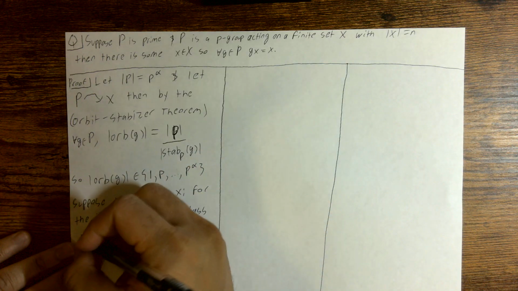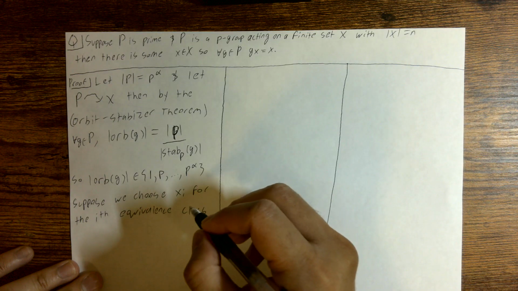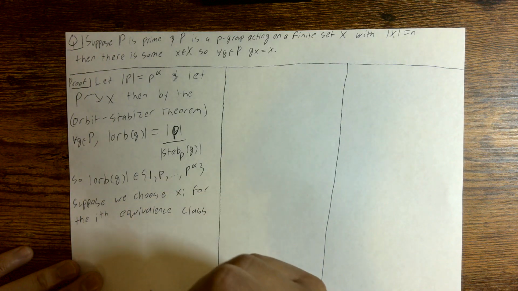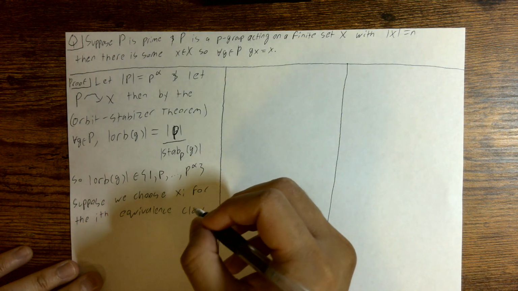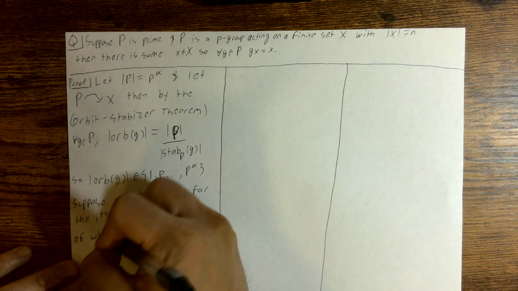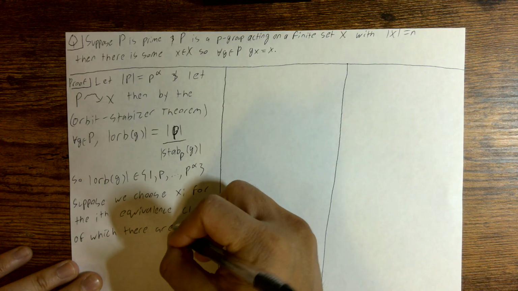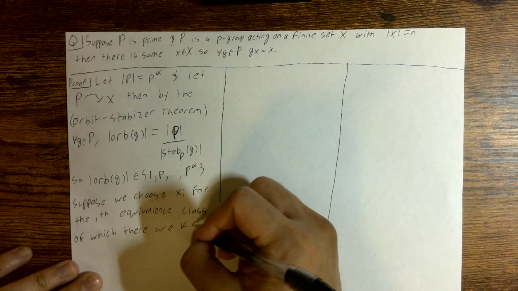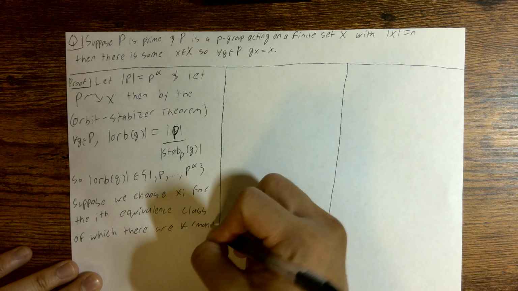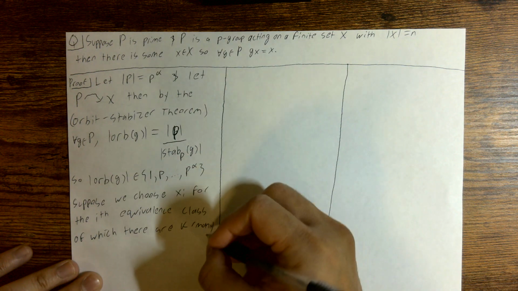That is, for each orbit class, we choose exactly one xi, of which there are k many. That is, there are k many equivalence classes.